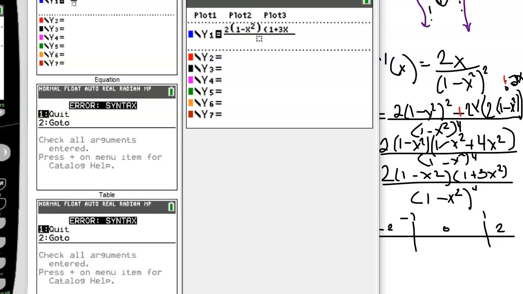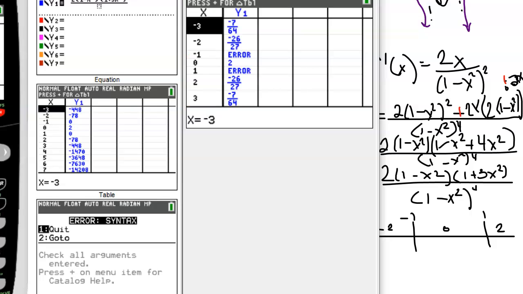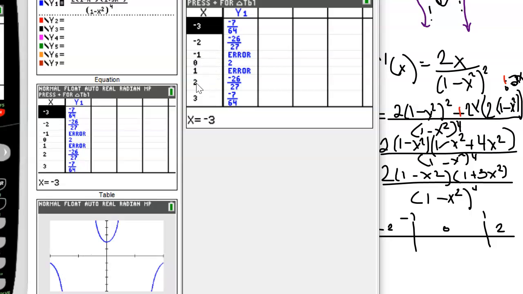I could do this in my mind, and so could you, just evaluating your positives and negatives. But when the function gets a little more complex, I just prefer to trust my calculator to make sure I'm not making any strange mistakes. So let's look at a table of values. As you can see, -2 is negative, and 0 is positive, and +2 is negative.